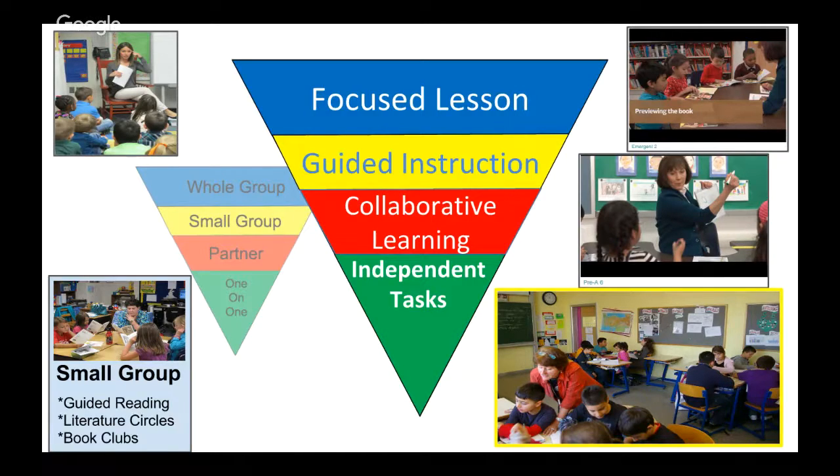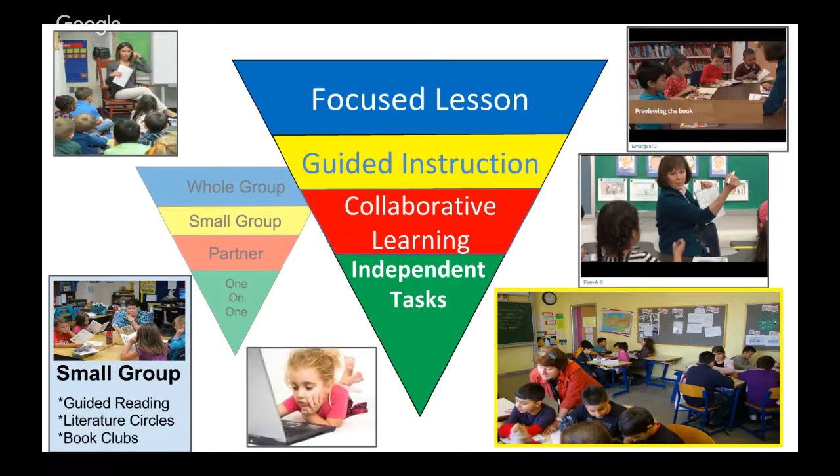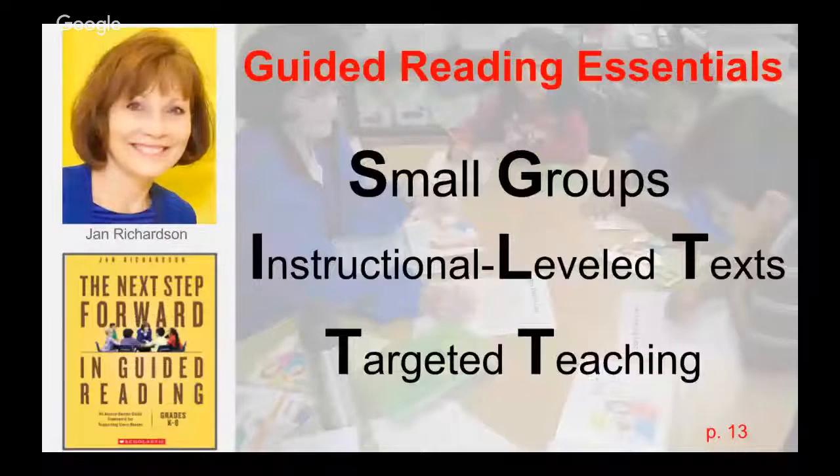Which of them is going to provide a setting of targeted instruction? And then lastly, the independent. What Jan Richardson says about guided reading being one of the small group settings is that the three essentials are: it's got to be small group, it's got to be instructional level text, and it's got to be targeted teaching.